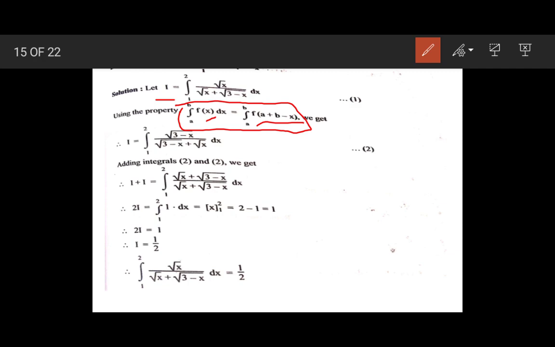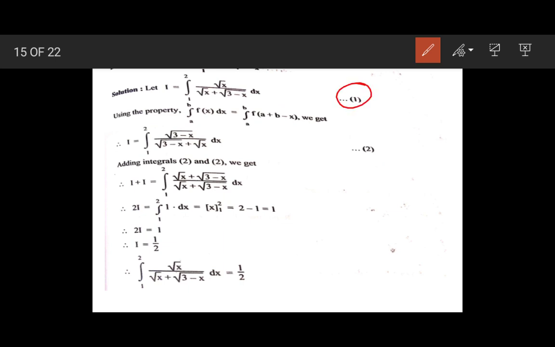Lower limit is 1, upper limit is 2, so 1 plus 2 is 3. So in place of x we write 3 minus x. The numerator will be root 3 minus x, and in the denominator root 3 minus x plus root of 3 minus 3 minus x, which is 3 minus 3 plus x. The 3s cancel, so simply x.